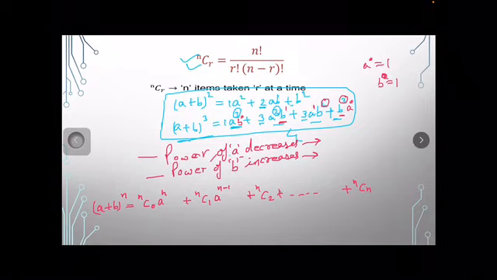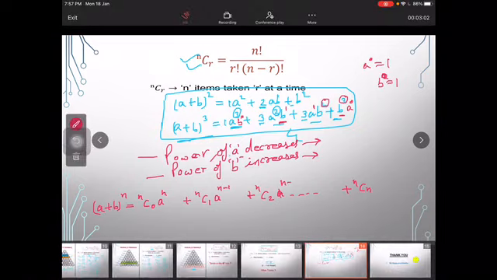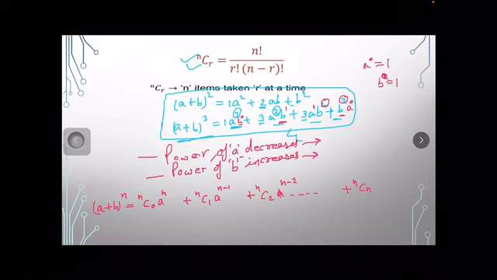The next term is a to the n minus 2, and so on, right? The last term, because it decreases, is a raised to the power 0, and a raised to the power 0 is 1. Clear?